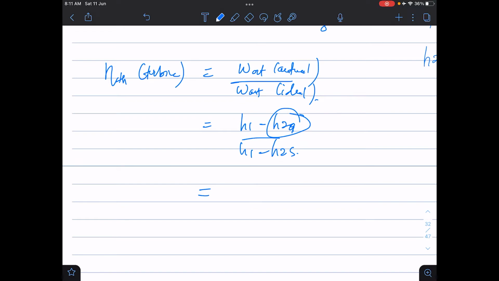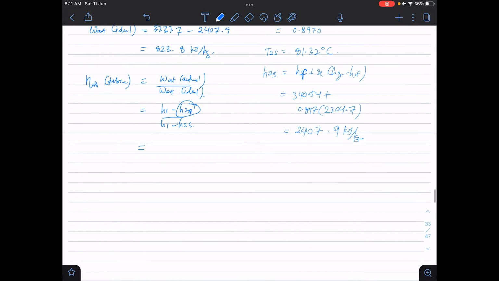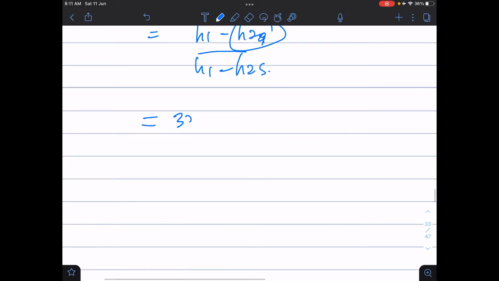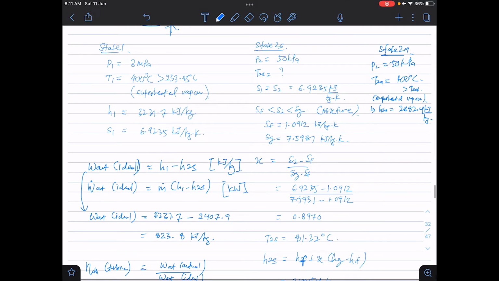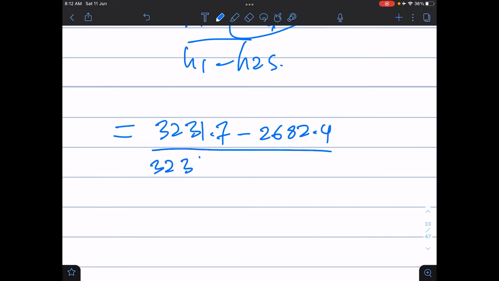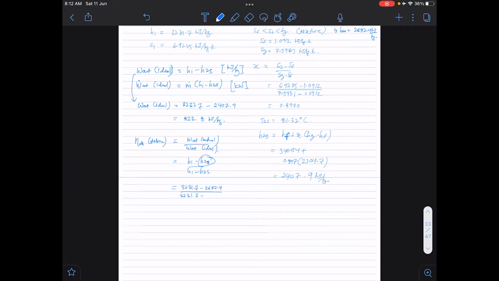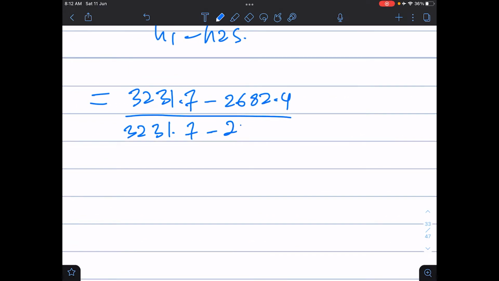We put in H1, 3231.7, minus H2a, 2682.4, over again 3231.7 minus H2s, 2407.9. Now we can use the calculator.